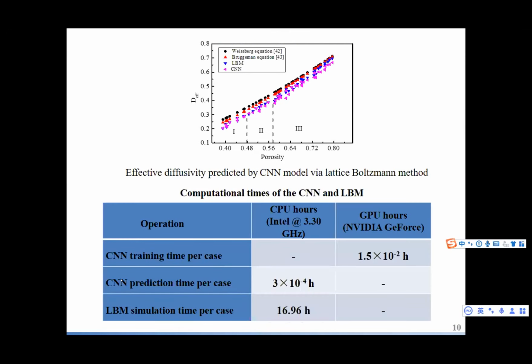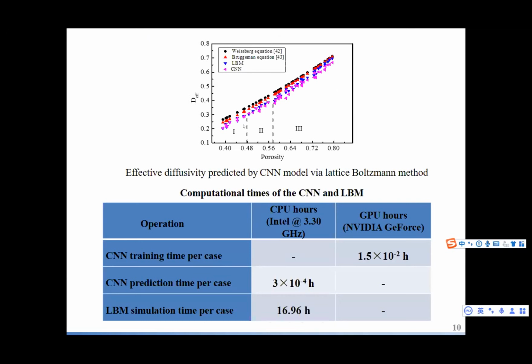Now let's see the results. This is the diffusivity for this packed bed. We interestingly found that the diffusivity increases with porosity. That is easy to understand, because if the porosity increases, the volume increases, so the gas diffusivity increases.